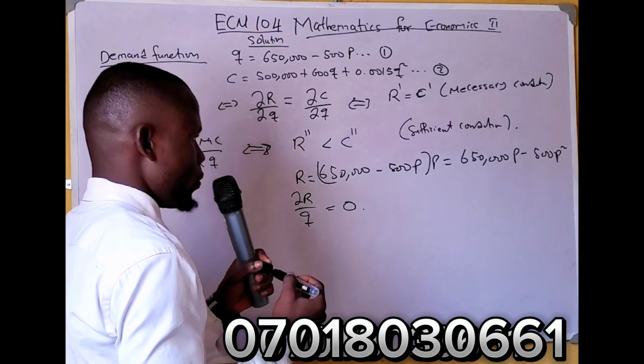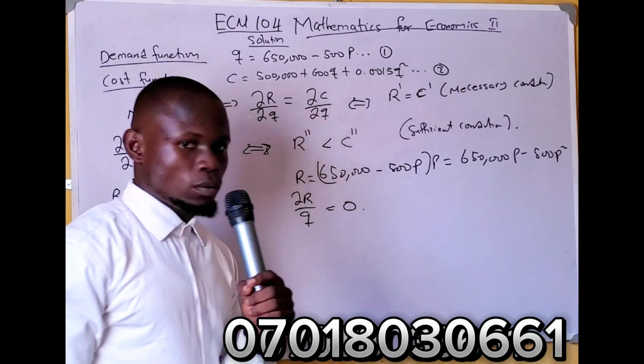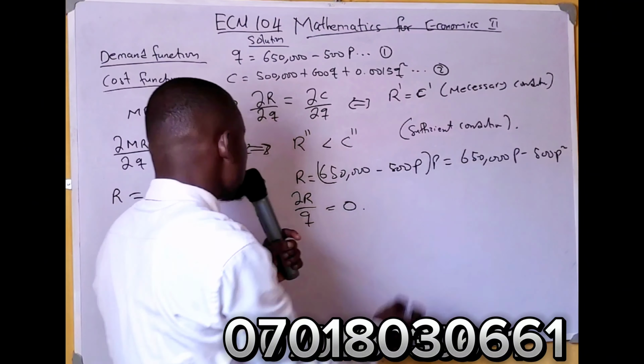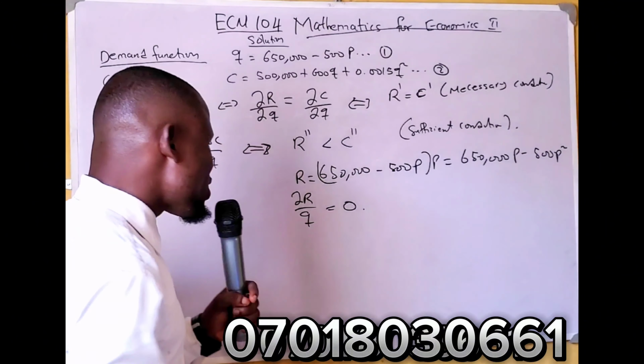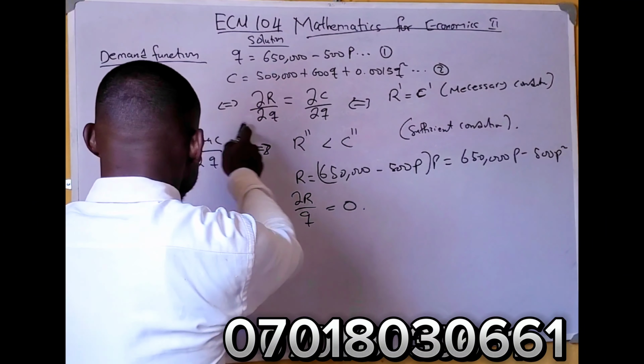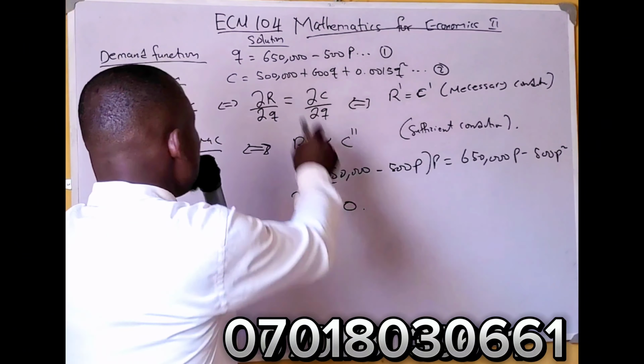everything will be equal to 0, because definitely there is no Q in this function. This is still our revenue, but since we are looking at marginal revenue, the derivative of revenue in terms of Q, we cannot just use this function.